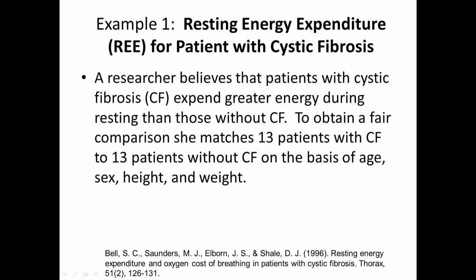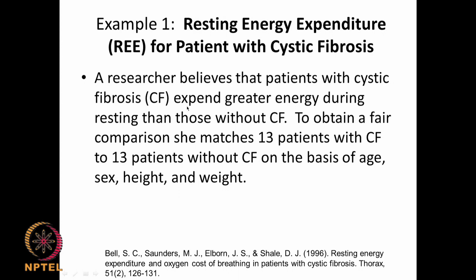So let us look at one problem. This is based on a particular reference here. Resting energy expenditure for patients with cystic fibrosis, this is the example taken from this reference. A researcher believes that patients with cystic fibrosis expend greater energy during resting than those without CF. To obtain a fair comparison, 13 patients with cystic fibrosis and 13 patients without cystic fibrosis are compared.